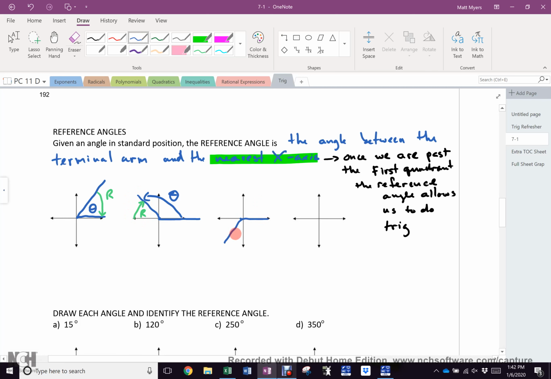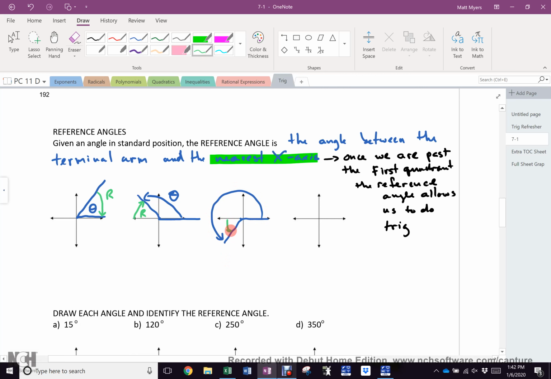All right, let's do the third quadrant. Down there. Where's theta? Start here and where do I go? All the way around. Can I do trig on an angle that big? Where's the reference angle?